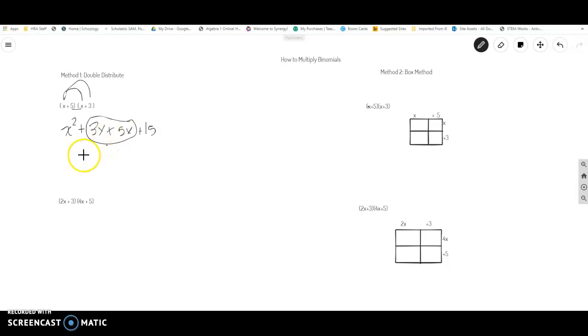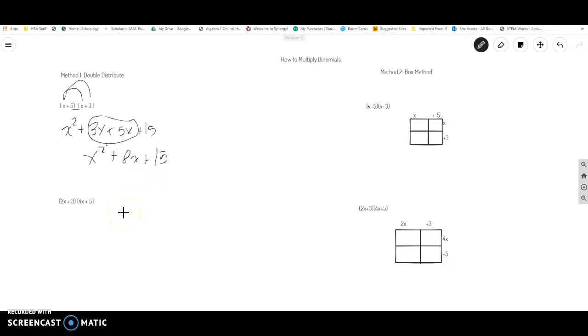So this is going to be x squared plus 8x plus 15. Now that should be our final answer.